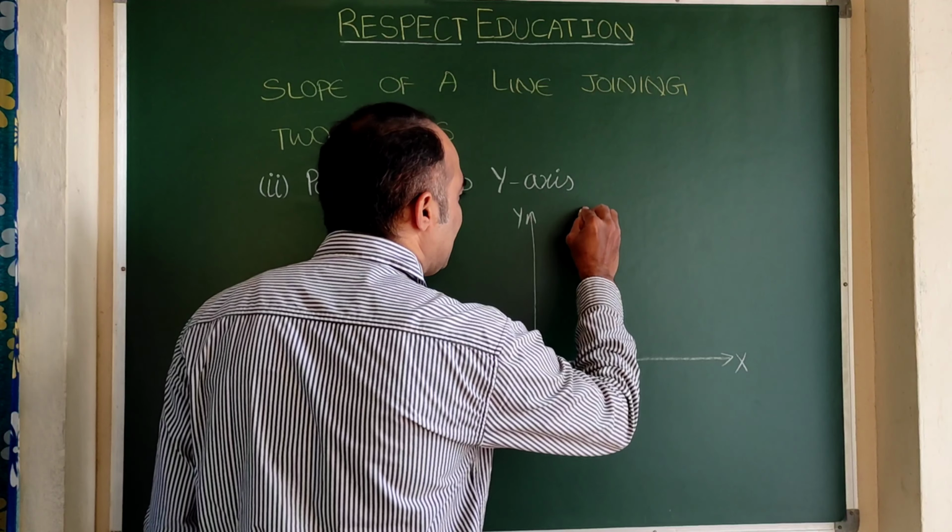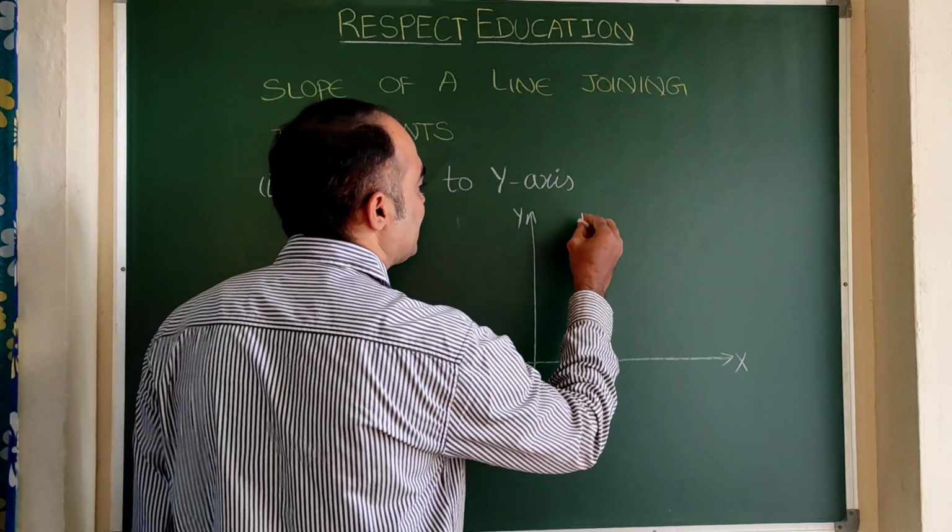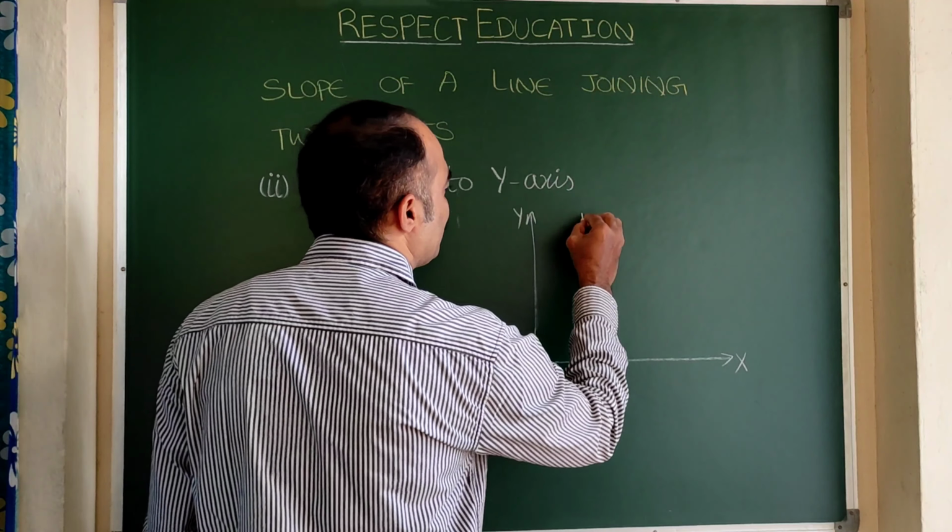For example, there is a line segment which is parallel to y-axis. Here let us take the smaller one as A. So this is A (x1, y1), and this point B (x2, y2).